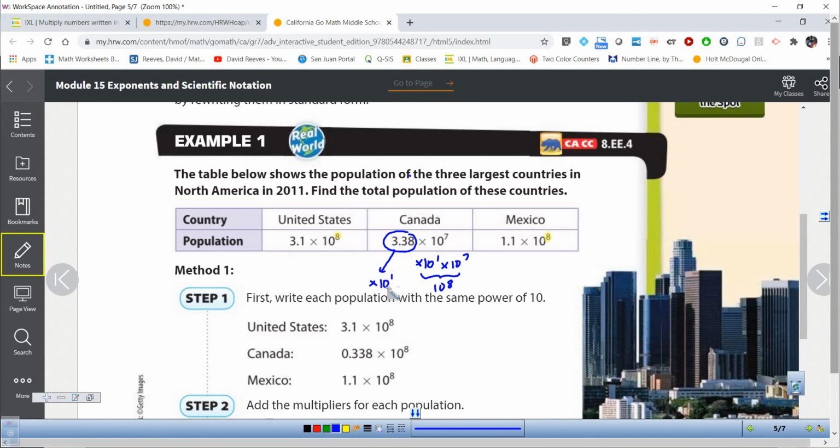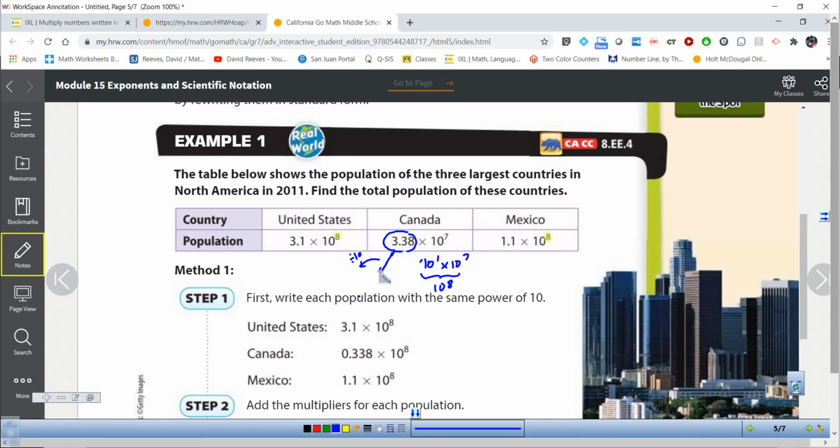Now, when you multiply something by 10, it gets 10 times bigger. Do you agree? So when you make this part 10 times bigger, you have to make this part 10 times smaller. So this part is times 10, and this part has to be divided by 10. Let me do that again.